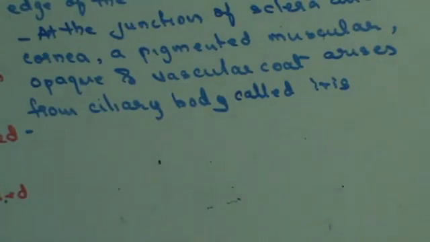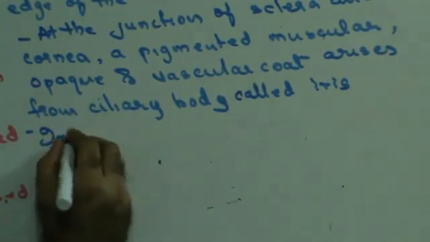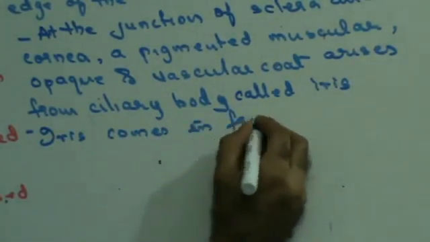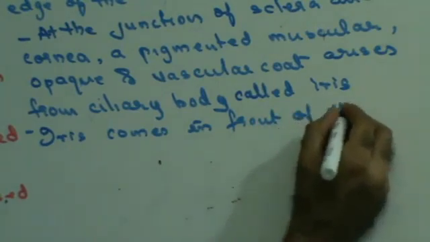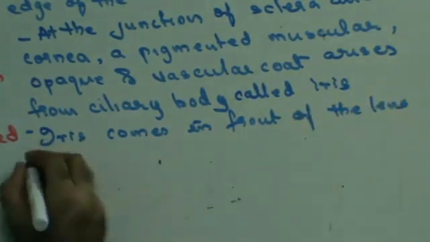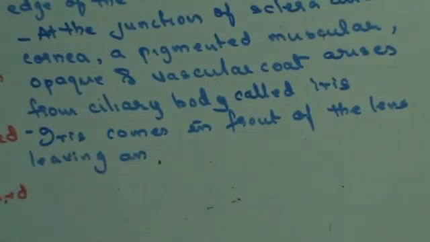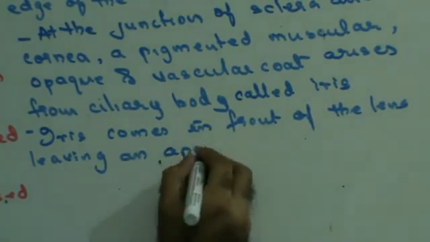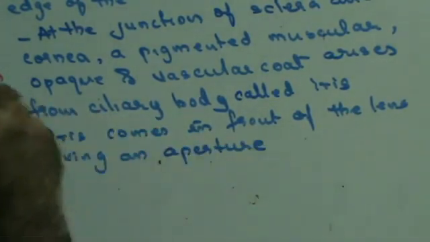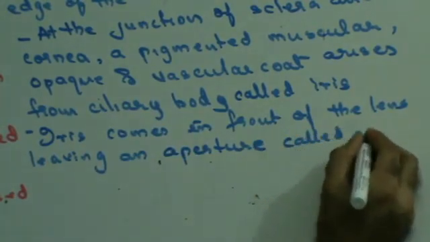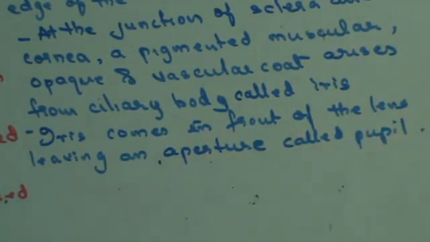Ciliary body. The iris comes in front of the lens, leaving an aperture called pupil. Right?